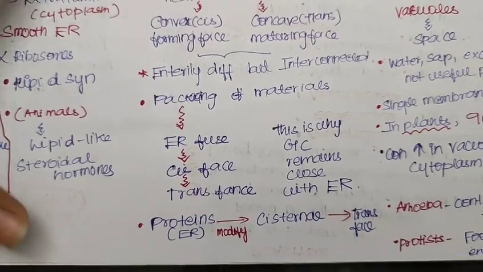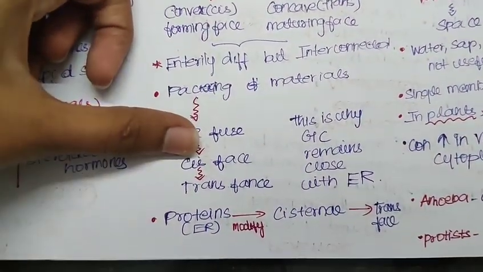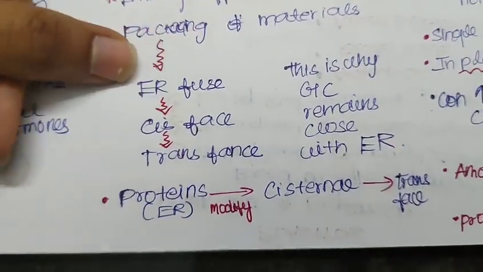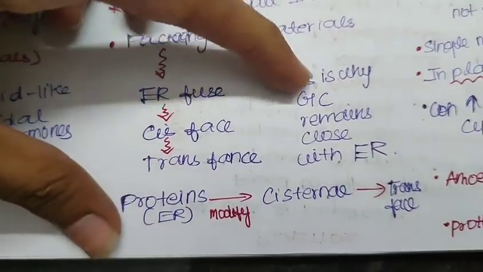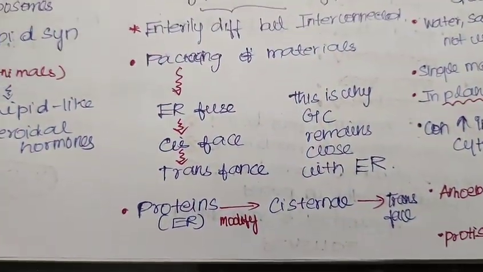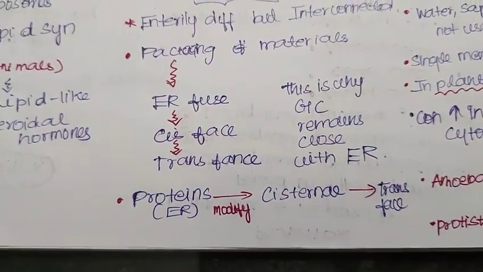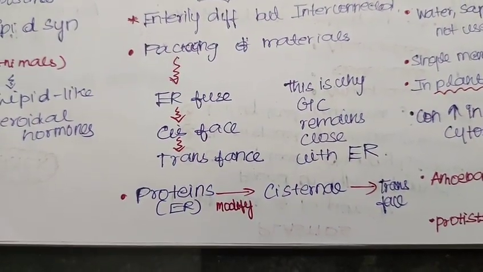Now let's see how this happens. Firstly, the proteins that come from the endoplasmic reticulum are modified in the cisternae. Then they are packaged and released from the trans face. This is how the packaging of materials takes place in the Golgi body.